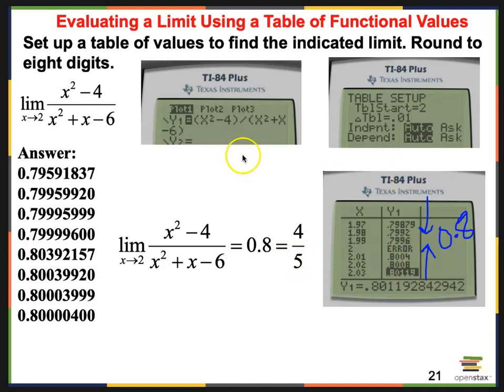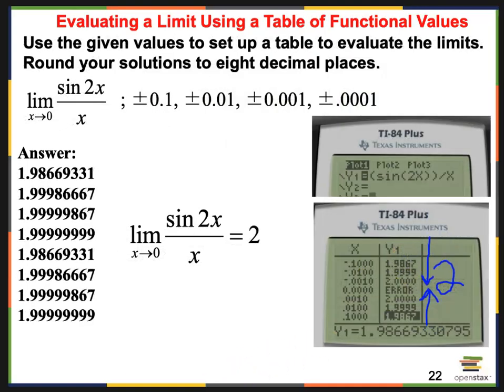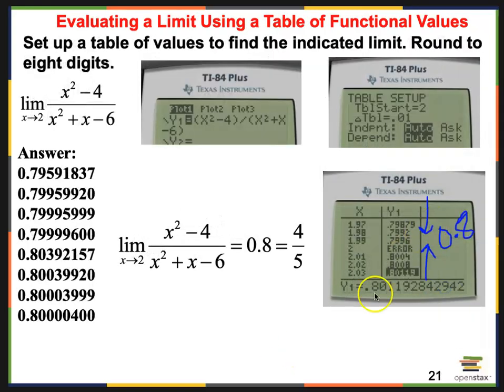So looking at this, we have our function in. We're coming from the left, coming from the right, and we're approaching 2. Something happens at 2. Oops, I clicked too soon. Let's go back one. As we're getting closer and closer to 2 from the left and from the right, you can see we're getting close to 0.8.